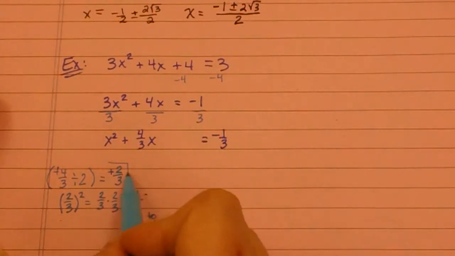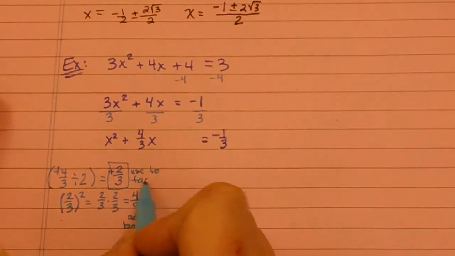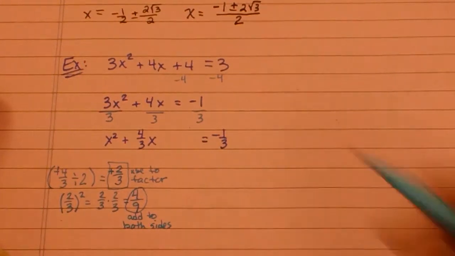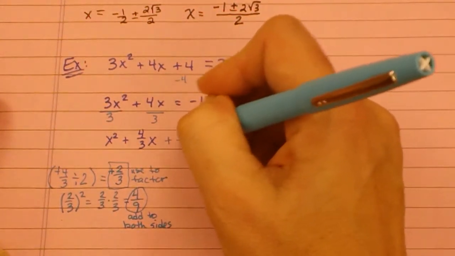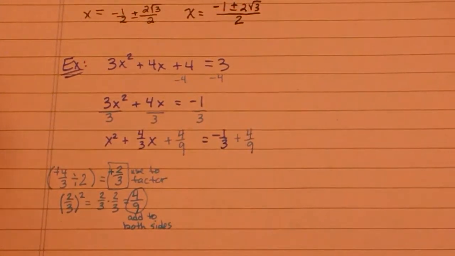And positive 2/3 is the number I will use to factor. So I'm going to add 4/9 to both sides. And then I'm going to factor the left side.